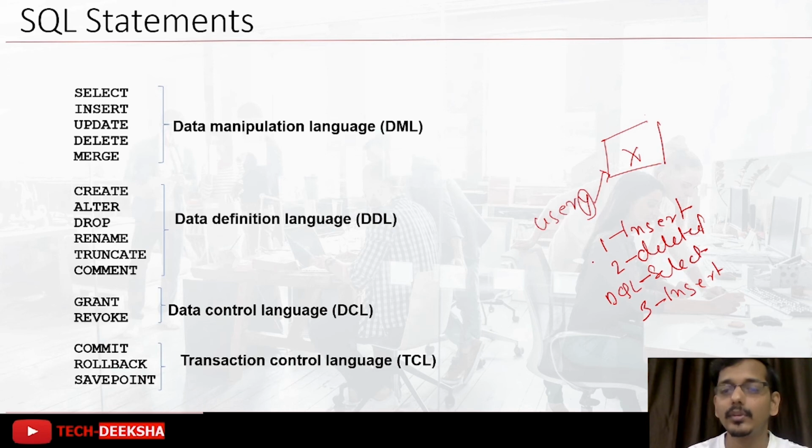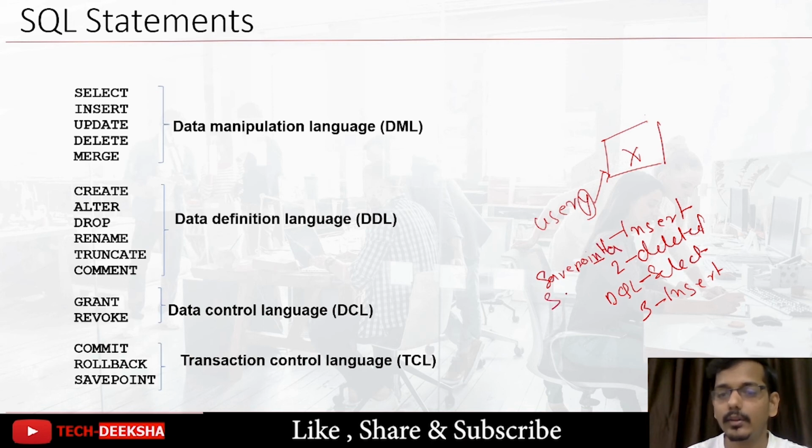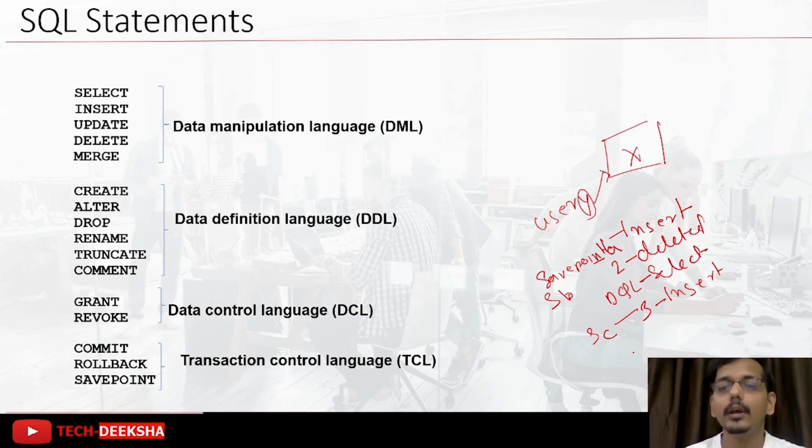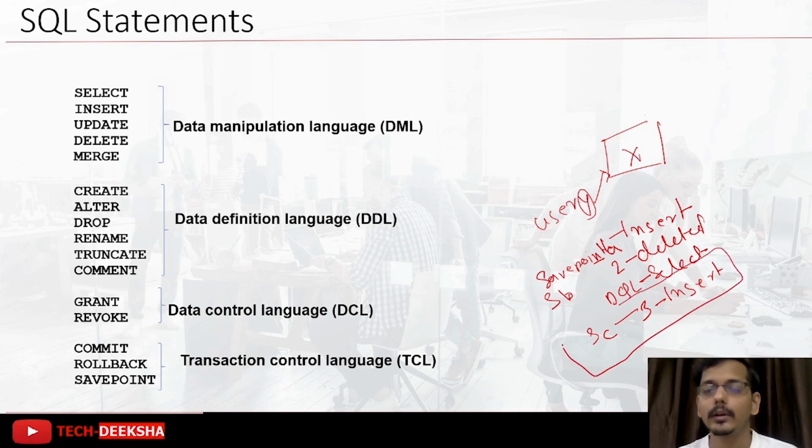So you can create savepoints for these, like savepoint A, savepoint B, and for this one you can create savepoint C. If you want to roll back and say, I don't want this particular set of records to be stored, you simply roll back to that savepoint, so the data gets rolled back up to that point.